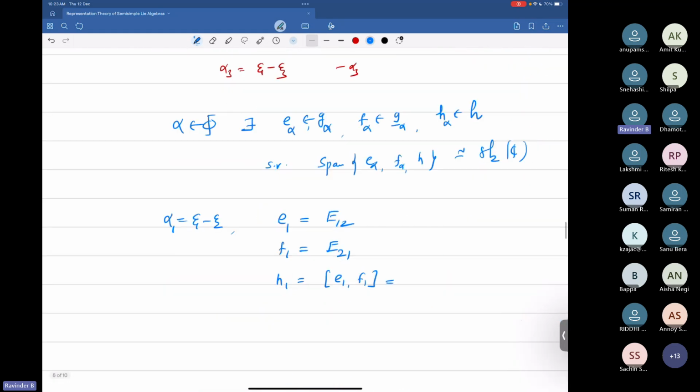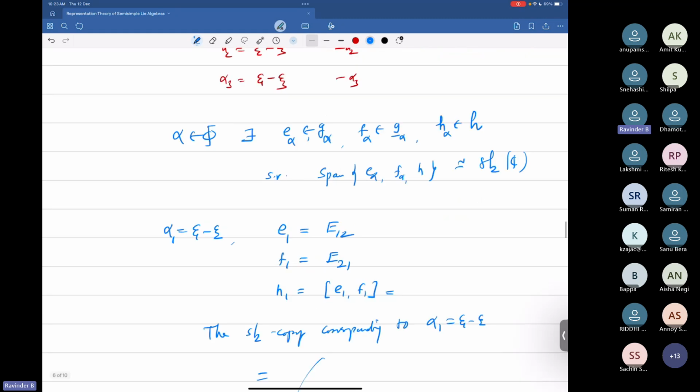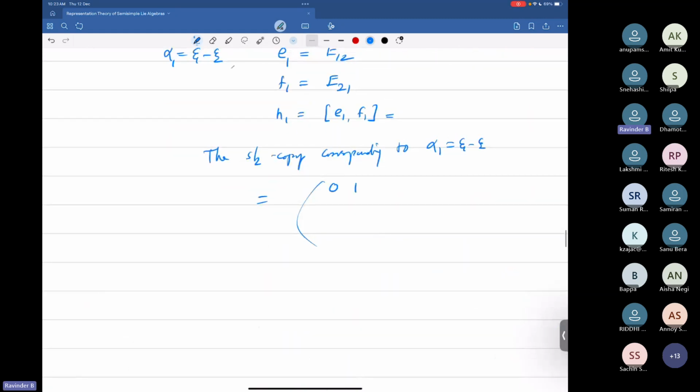And if you want to see what SL2 copy it is getting, the SL2 copy corresponding to alpha 1 is exactly, so you need this E12, right? So E12 is here, 0, 1, this is E12, then E21 is here. So it's lower triangular. Then there is an addition, H1 you have to add.